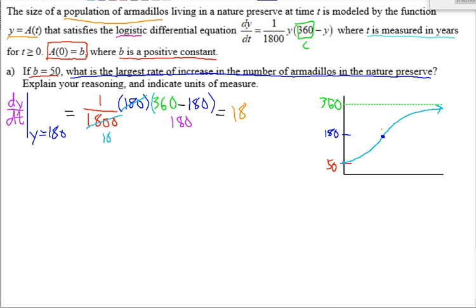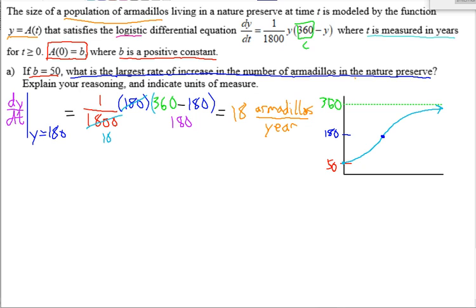And it says indicate units of measure. So the units come from right here. y is the same as A(t), which remember represents the population of armadillos. So in this case, 18 would be 18 armadillos per, and the units for time in this problem are years. So armadillos per year. That's the largest rate. That's answering the question.